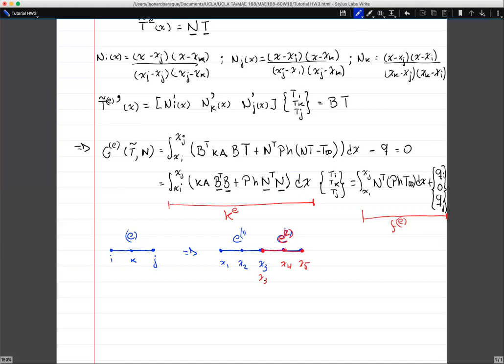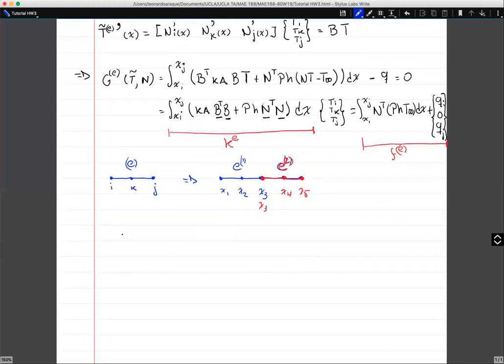Okay, so saying this, our weak form for the first element is defined between the limits x1 and x3.